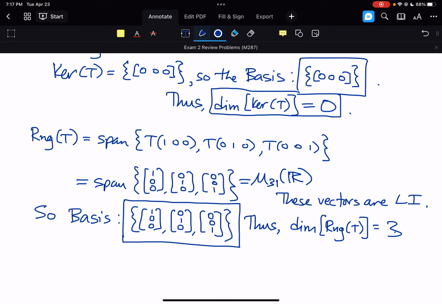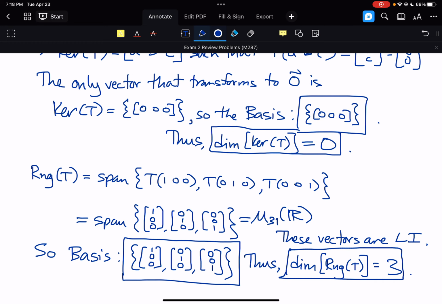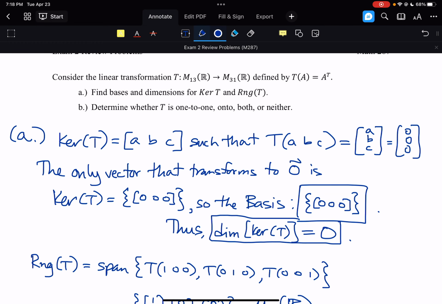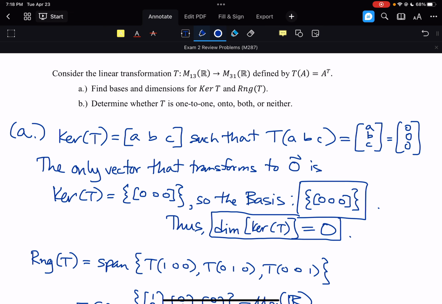And that bears out here because the dimension of this vector space is 3, right? 3 times 1. And the dimension of the range is also 3. So they're the same size, so the range covers all of M31. So that answers part A for bases and dimension for kernel and range.